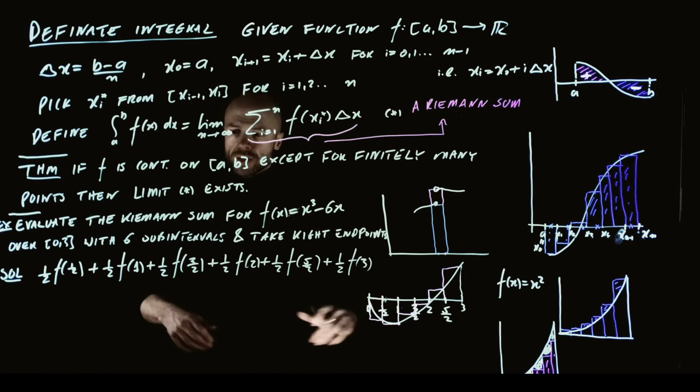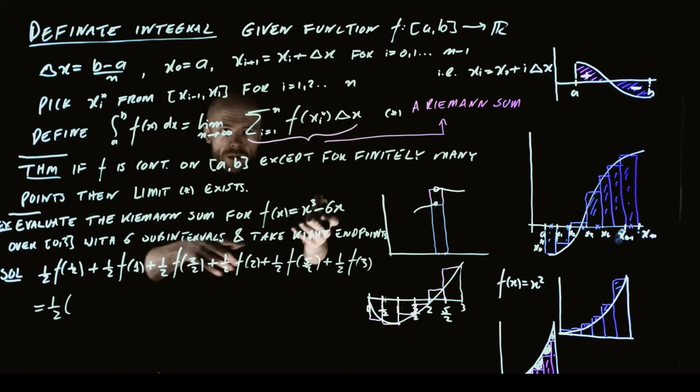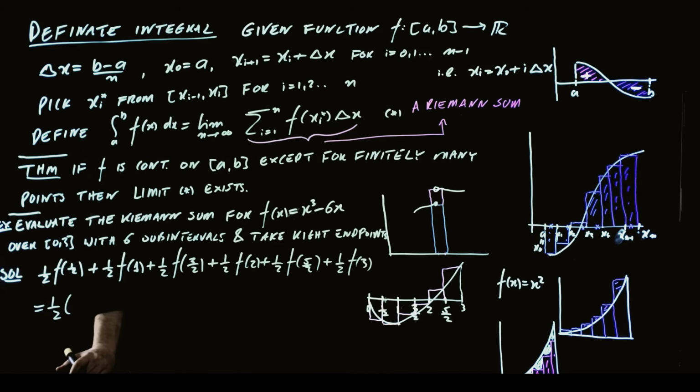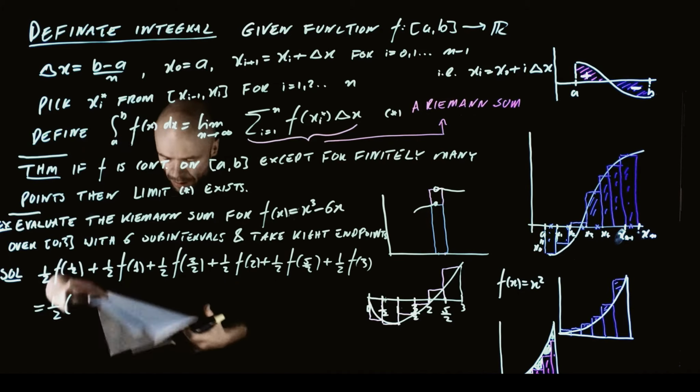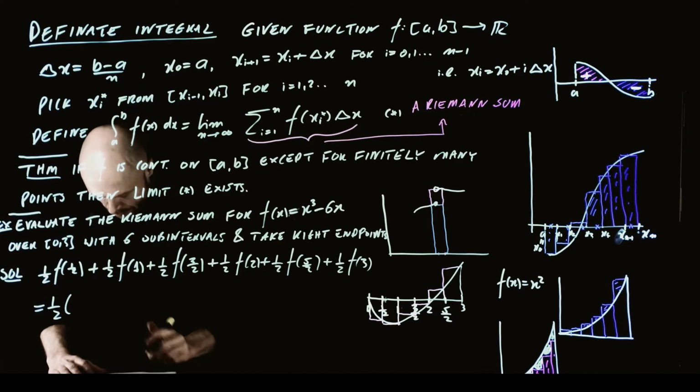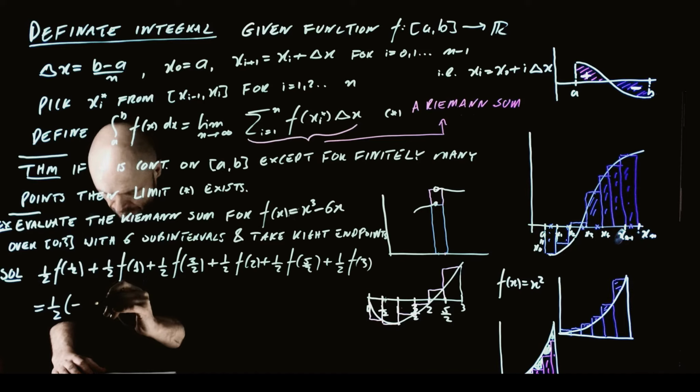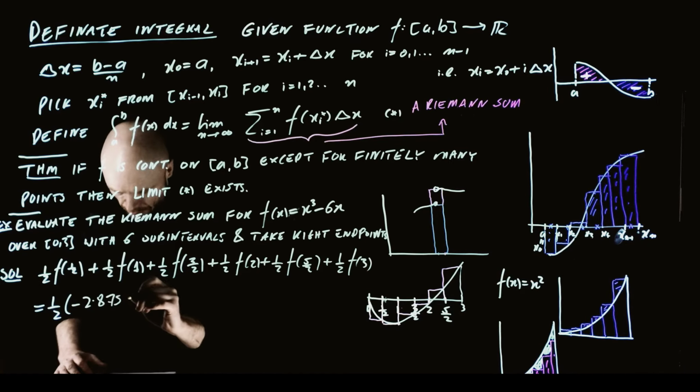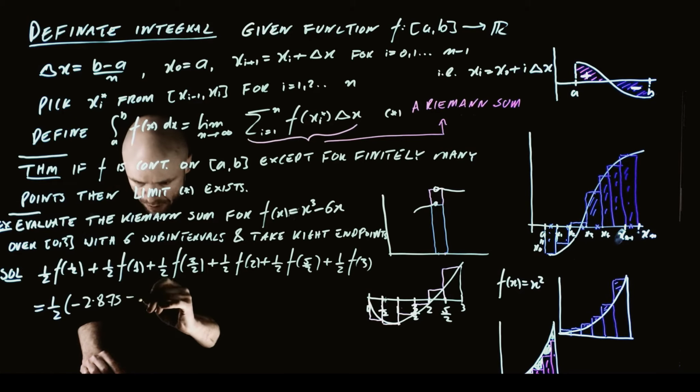Cool. We can factor out this half, and now we can just put these numbers into this function and approximate it. So f of a half is minus 2.875. The next thing is minus 5.